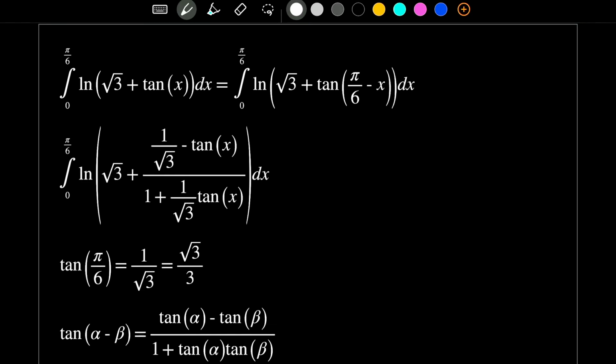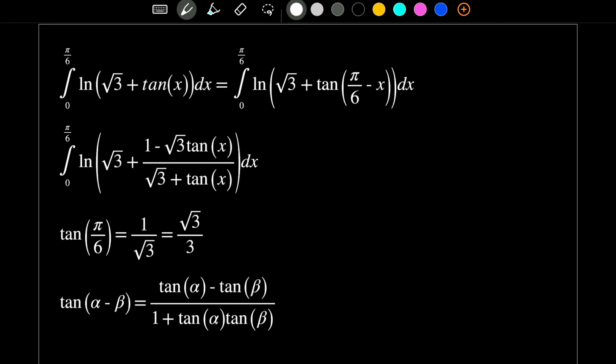Obviously this looks horrendous, so let's multiply both the numerator and the denominator by square root of 3 to clean things up. That gives us in the denominator square root of 3 plus tangent of x, and in the numerator 1 minus square root of 3 times the tangent of x.